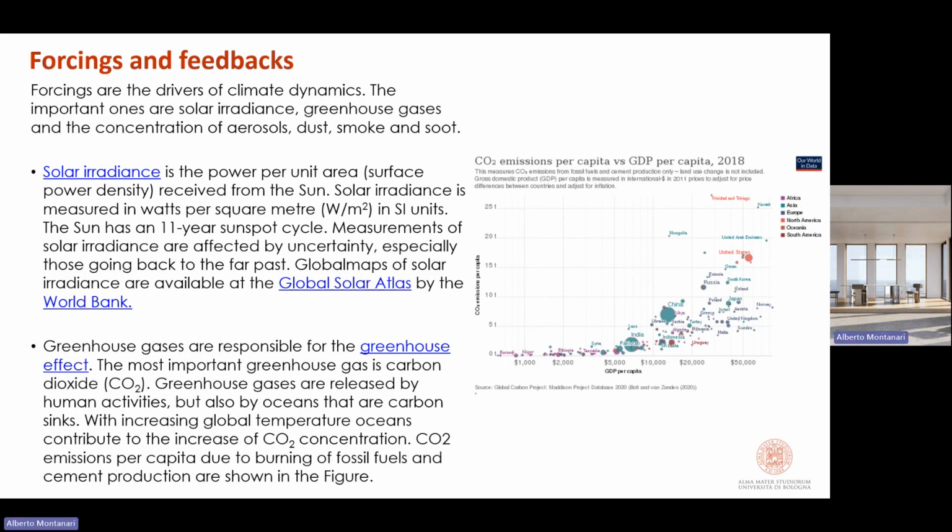In particular, the sun gives energy to the Earth system through the solar irradiance, which is defined as the power per unit area received from the sun. So it is the energy per unit area received from the sun, measured in watts per square meter in the units of the International System of Measure.